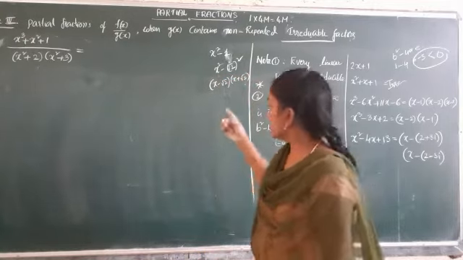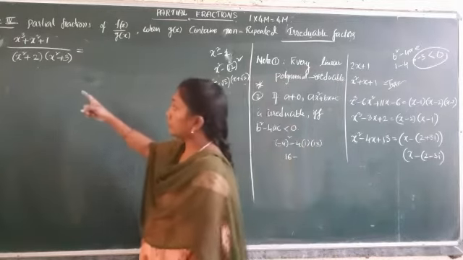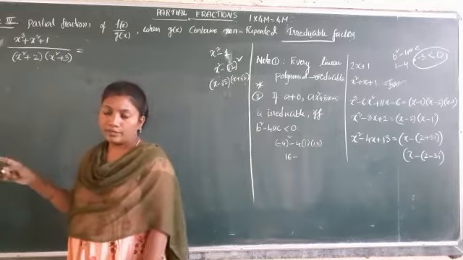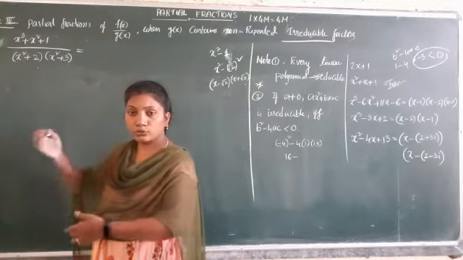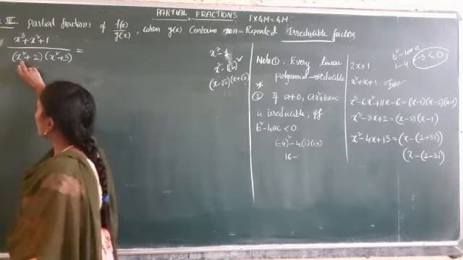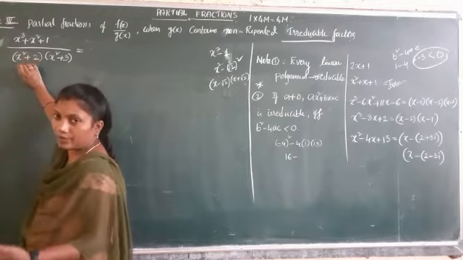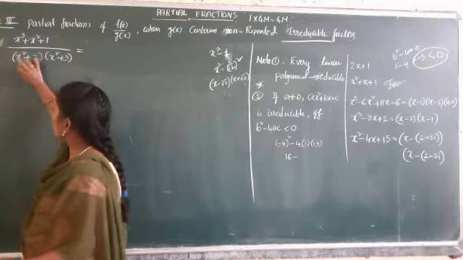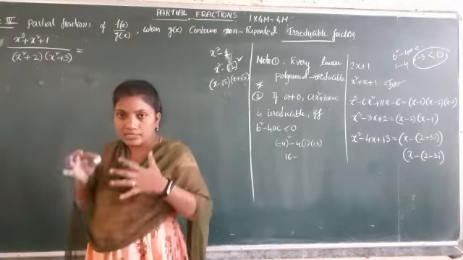This is reducible. Here these are irreducible. If it is reducible into linear factors, it goes to rule 1 or rule 2. So you have quadratic factors here which are irreducible, so they remain as they are.